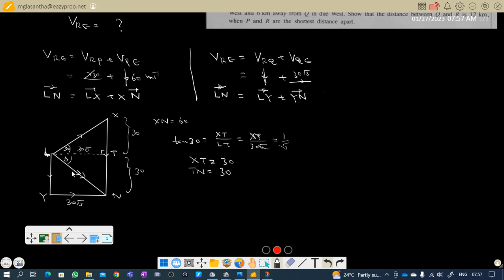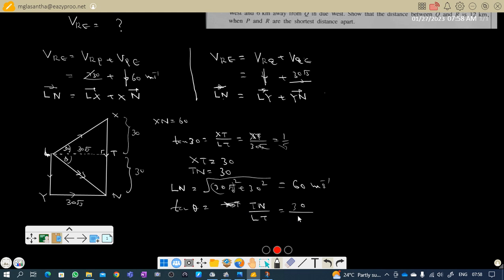So the magnitude of LN equals the square root of (30 root 3 plus 30) squared plus ... squared, which equals 60 m s^-1. Then tan theta equals TN over LT, that is 30 over 30 root 3, equals 1 over root 3.